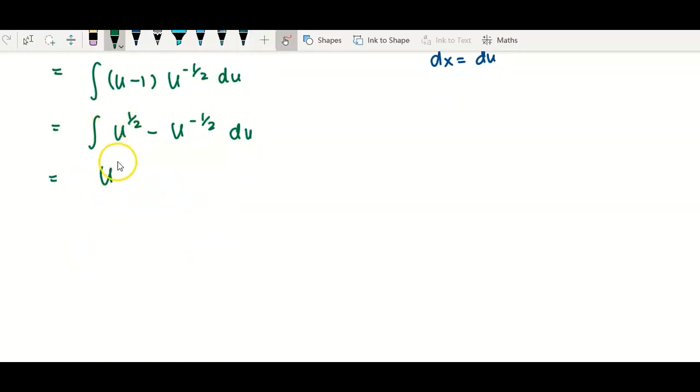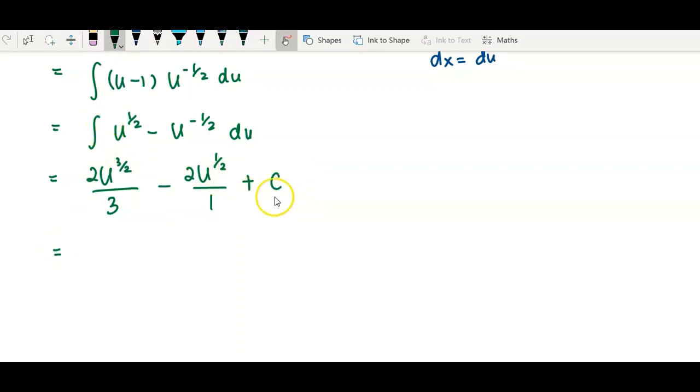Integrate u power of 1 over 2. You have u power of 3 over 2 over 3, and over 2, I bring up, I have 2 here. And this one, you have to increase the power by 1. You have a power of 1 over 2 over 1 over 2, 1 over 2, again the 2 I bring up to be here. And don't forget, this is an indefinite integral.